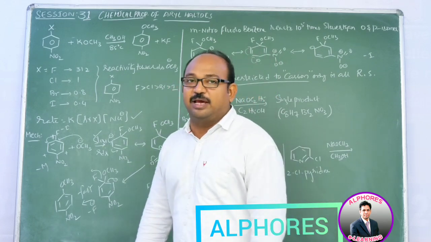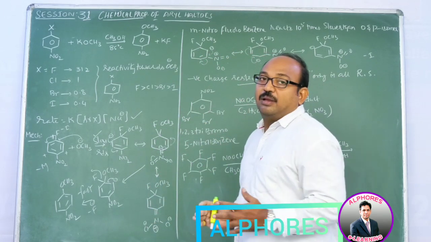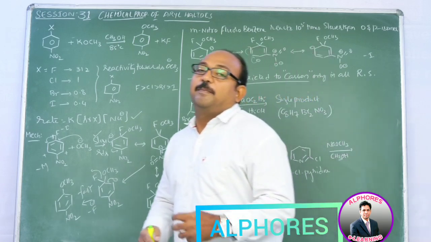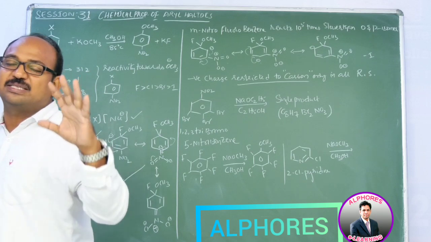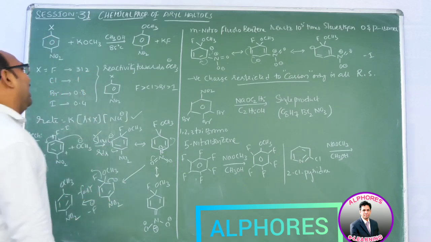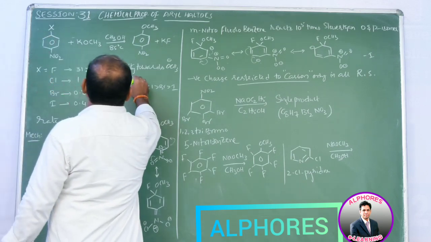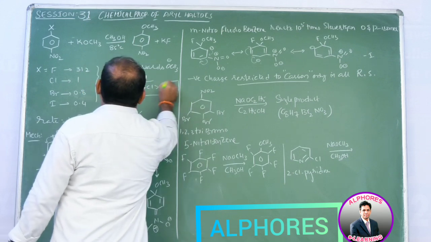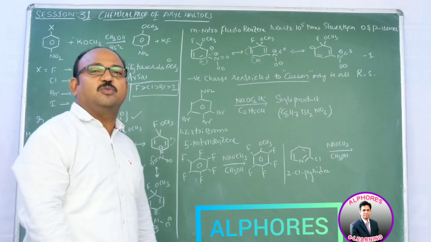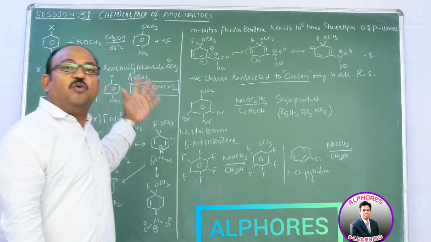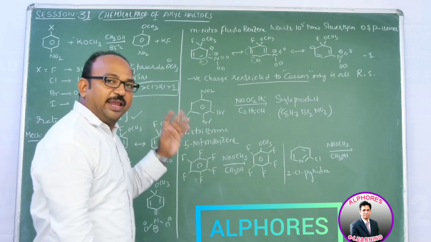Hope you got the point here. Why aryl halides, particularly fluorides, are more reactive towards nucleophilic substitution. Towards ArSN, aryl fluorides are more reactive than chlorides, more reactive than bromides, more reactive than iodides. Why? You must learn.